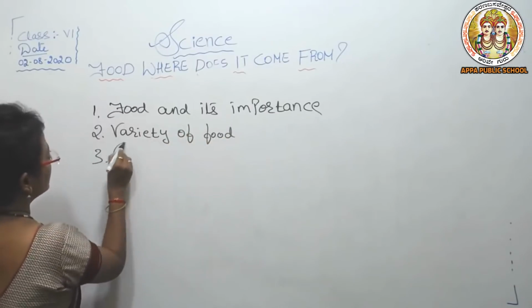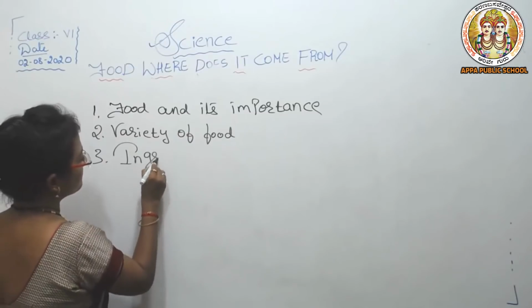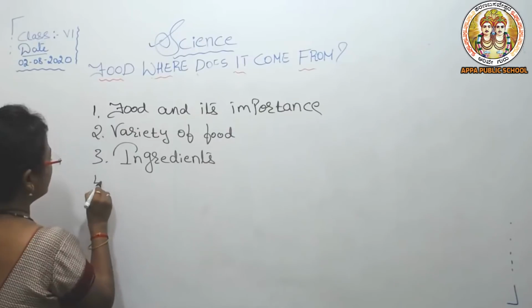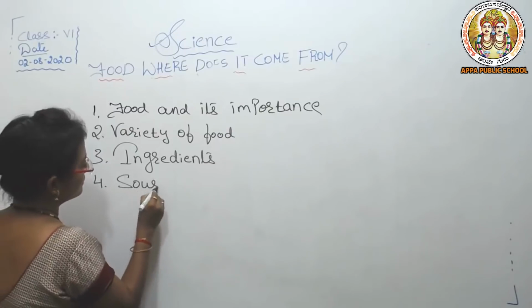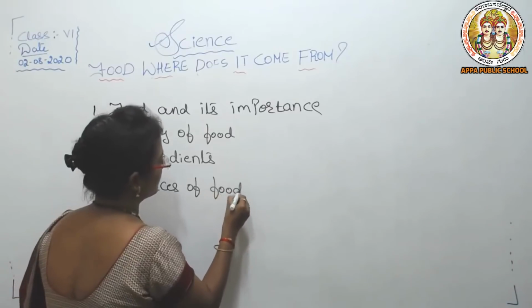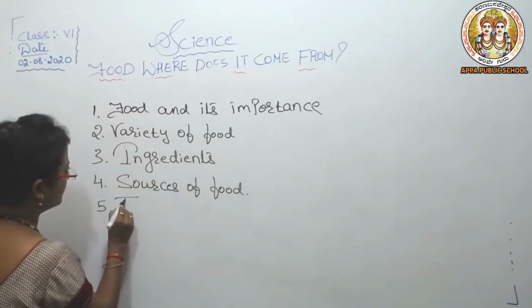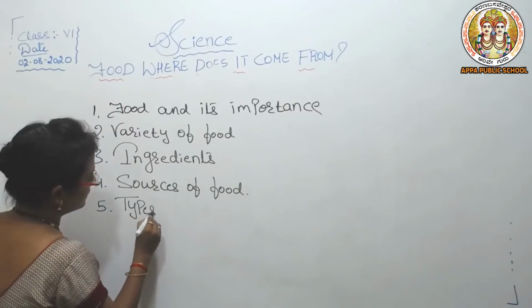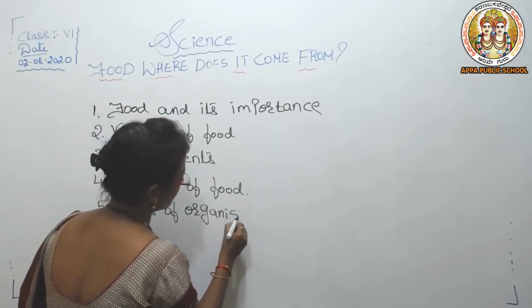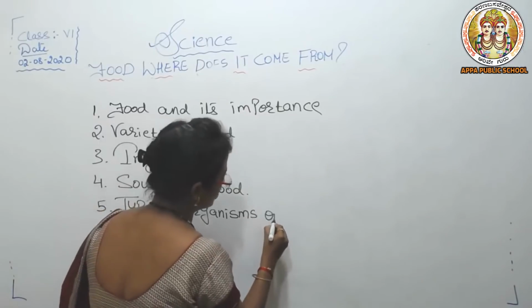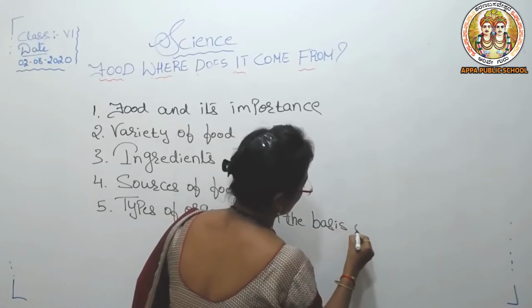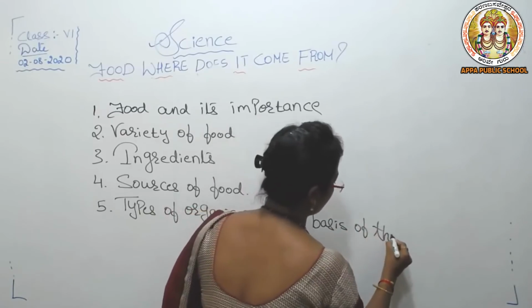Next we learned ingredients. Next we read sources of food. And at last we learnt about types of organisms on the basis of their food habits.